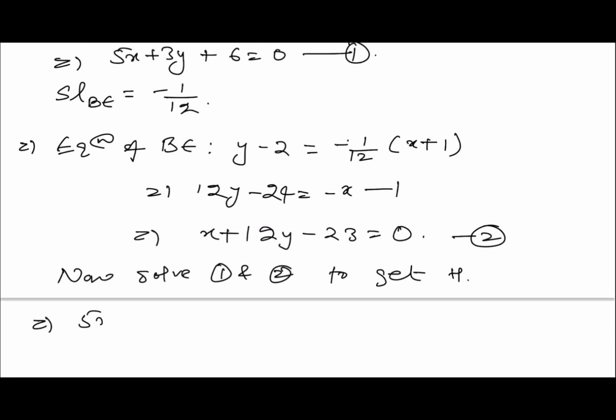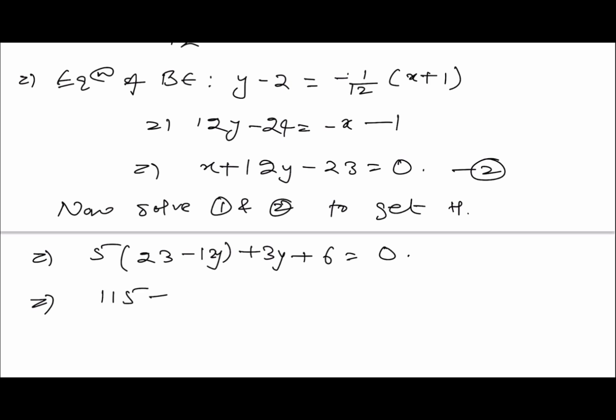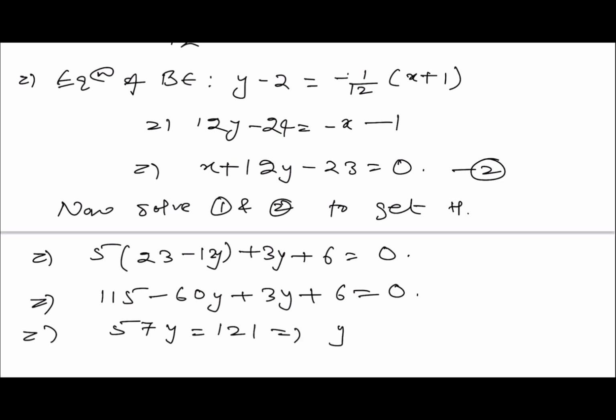So 5x plus 3y plus 6 is equal to 0, with x equal to 23 minus 12y, means 115 minus 60y plus 3y plus 6 is equal to 0, or 57y is equal to 121, which gives y is equal to 121 by 57.